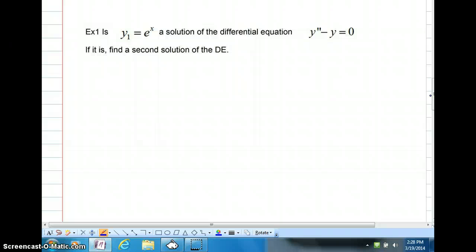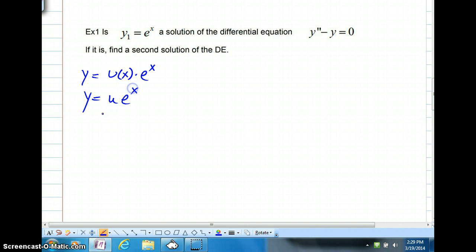We're going to make a bold claim and say we'd expect a second answer that would be linearly independent. So that when I divide y by e to the x, I would get u of x. I wouldn't get a constant. By the way, we could probably just write y equals u e to the x. I think that's the smarter way to do it, just for brevity.